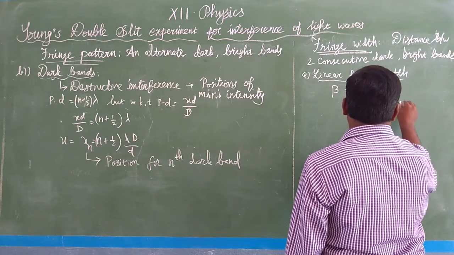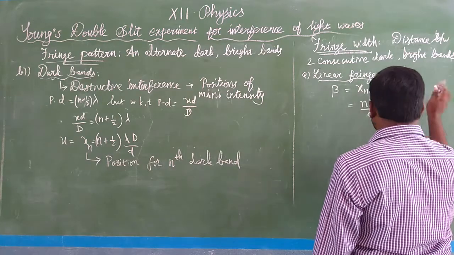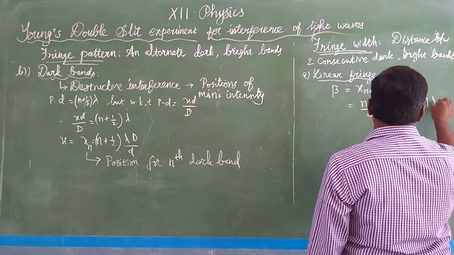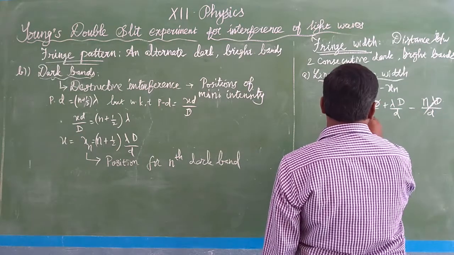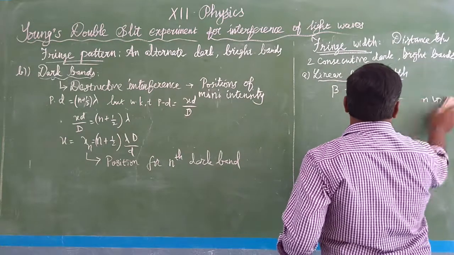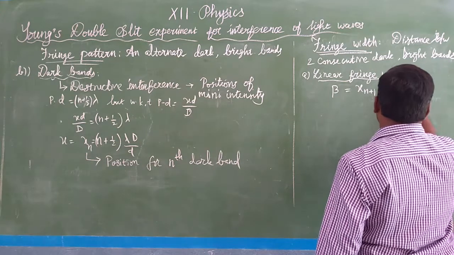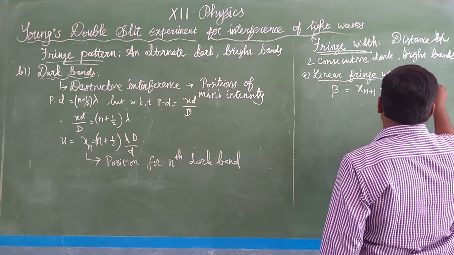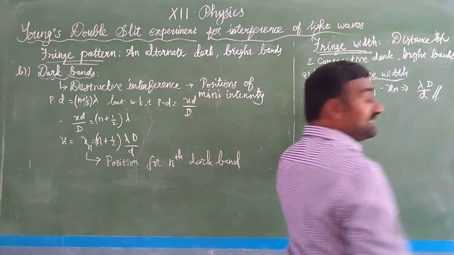The n lambda D by d terms cancel, and finally we get lambda D by d. So the linear fringe width is lambda D by d.